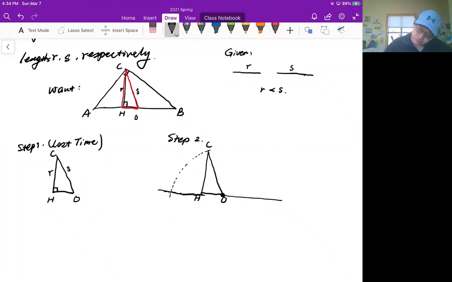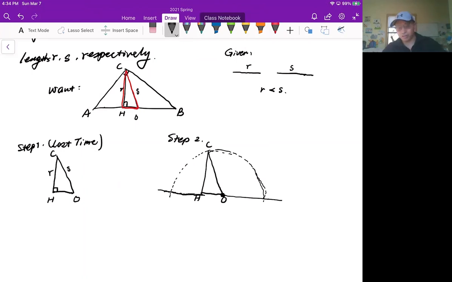So here is my circle. Oops, that's not right. Okay, so maybe I draw the circle like that.